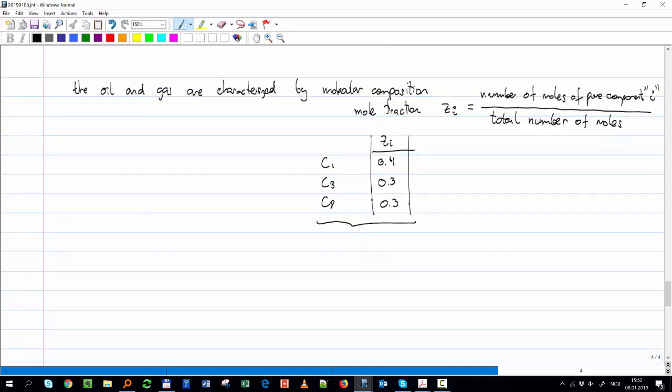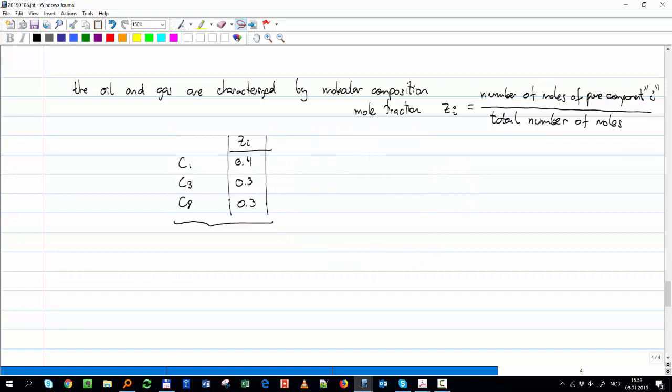We have also another fraction. Mechanical engineers like it very much. How do we call it? Mass fraction. And mass fraction is simply, I use the letter W, i, and it's simply the total mass of component i divided by the total mass that I have.